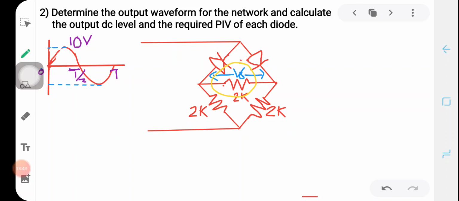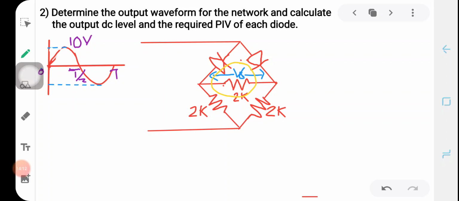So now we not only have to find V0, we have to draw the DC output level and the output waveform.